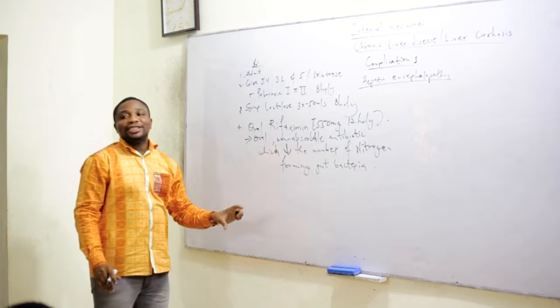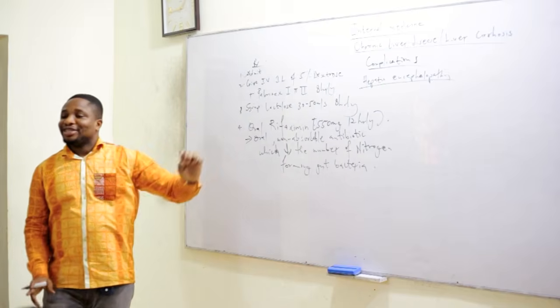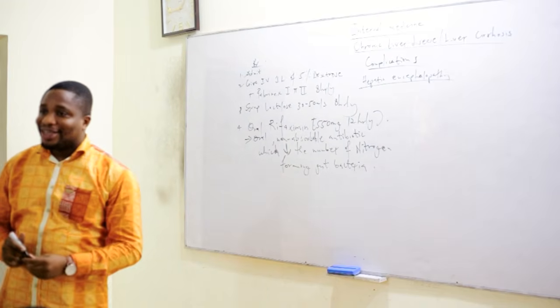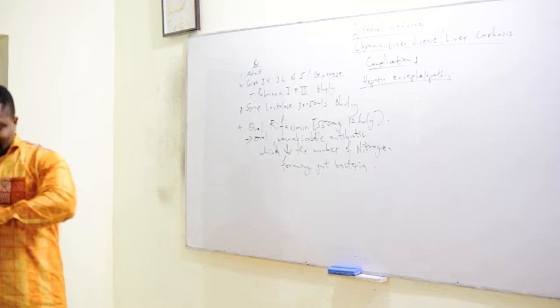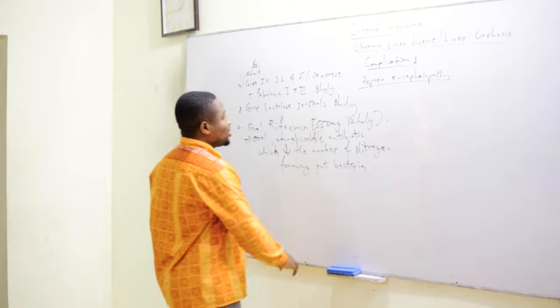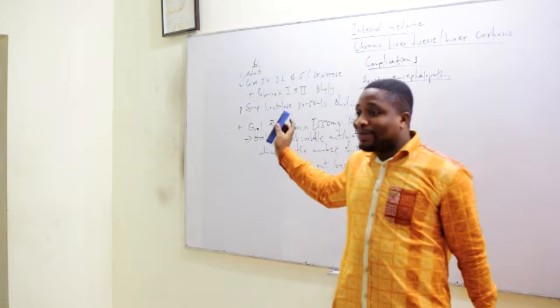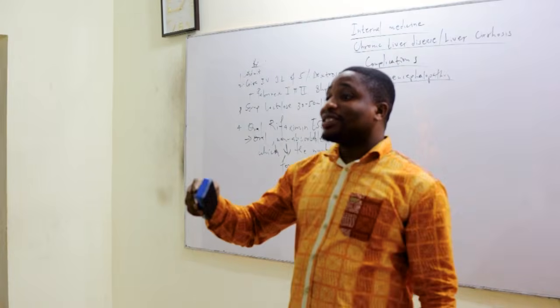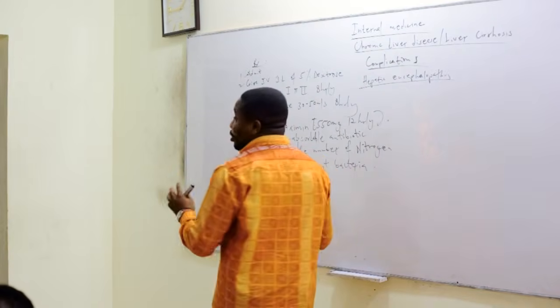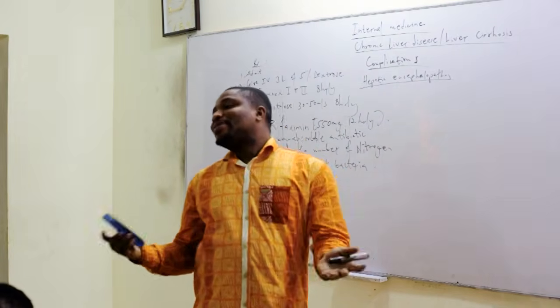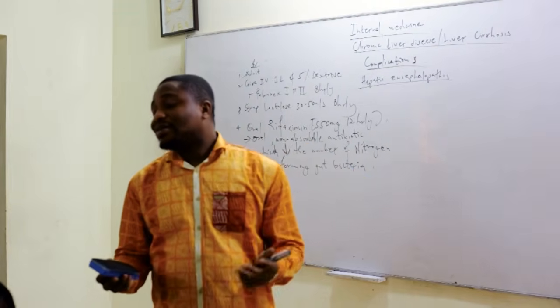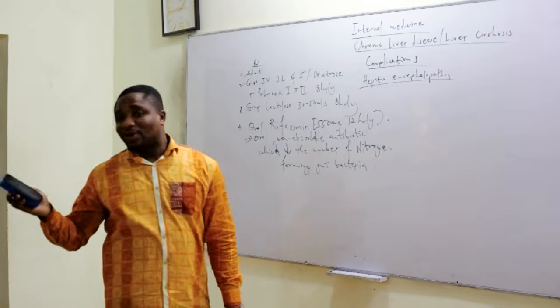So this is how to handle hepatic encephalopathy. Let's comment on the next complication, hypoglycemia. We are just going to explain why it happens in chronic liver disease, especially in alcoholics.